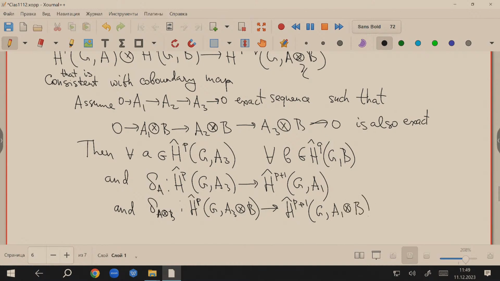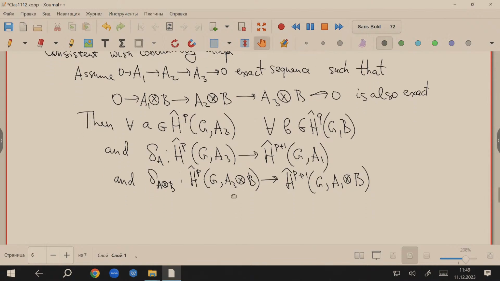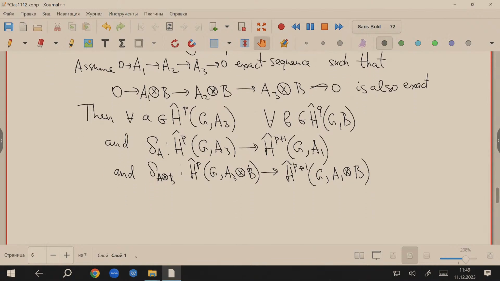Maybe, though I'm not an expert in this, one should consider this in the derived setting, so this would be irrelevant.